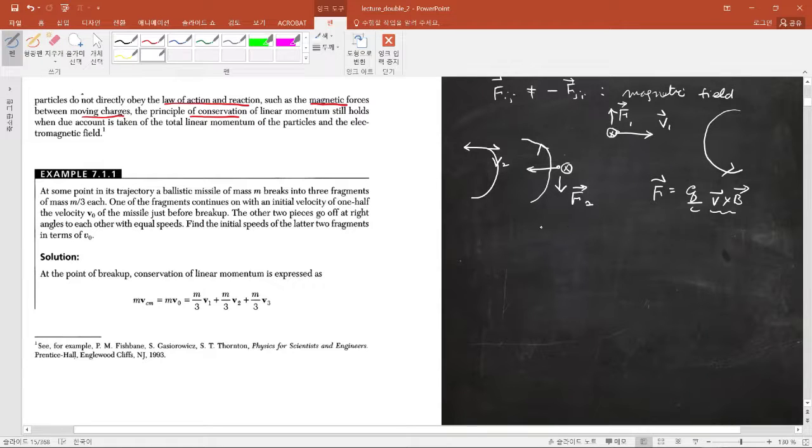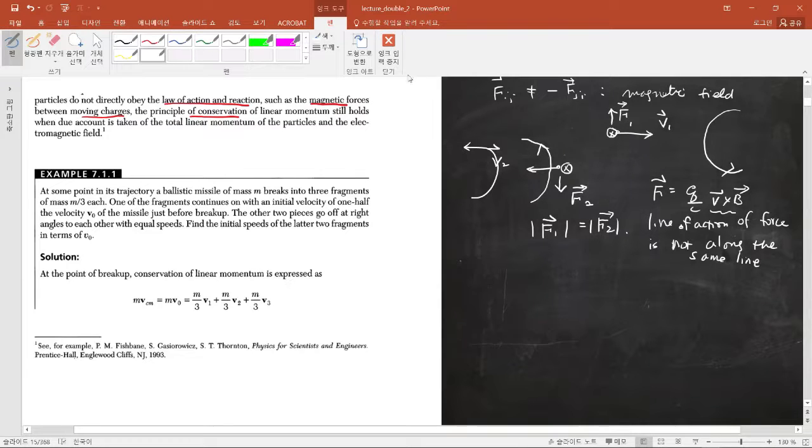Here you see F1, the magnitude is the same, but the line of action of the force is not collinear. It's not along the same line here.